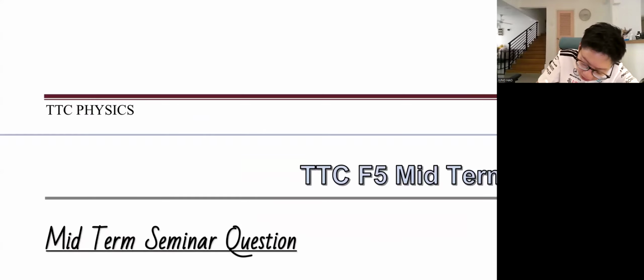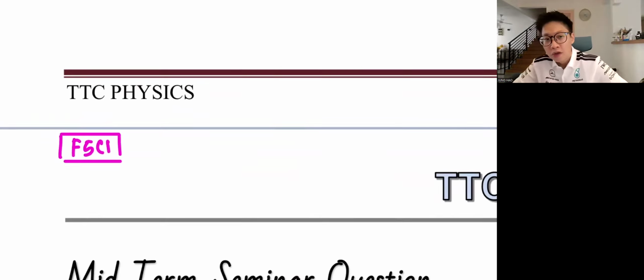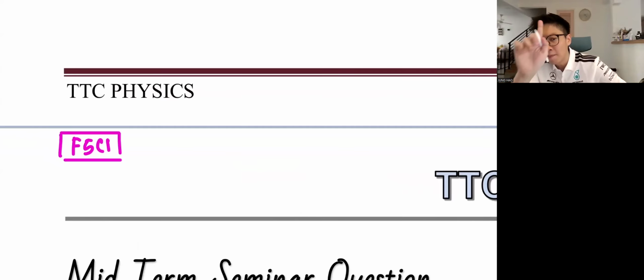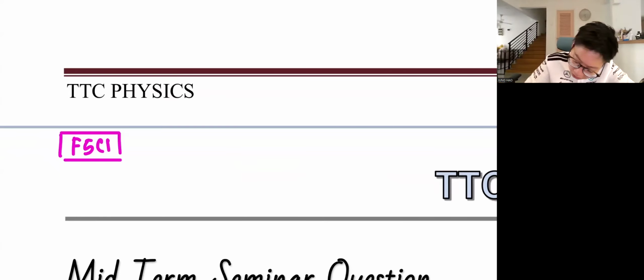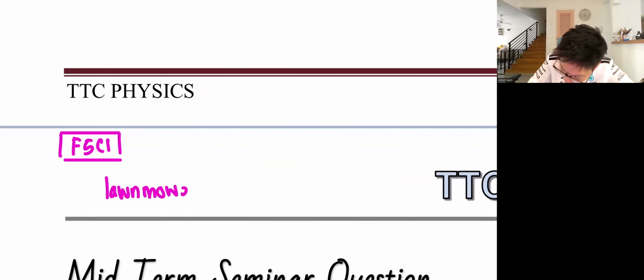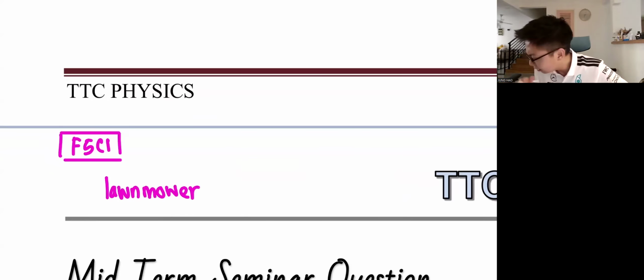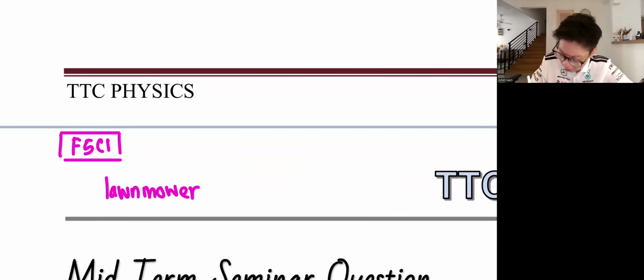Now, if you study Form 5 Chapter 1 at home, or with some exercises, you realize that the type of question they usually like to ask is what we call the lawnmower. But this is the old generation of the question.